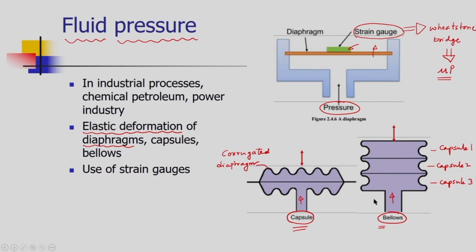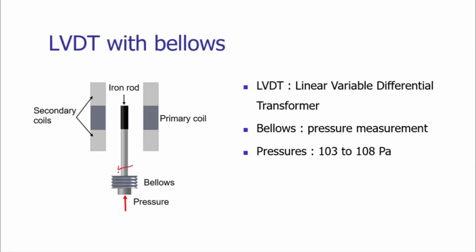As there is an increase in fluid pressure, the top portion of the bellows will displace, it will move in the upward direction. More precise measurement of pressure can be done with bellows when we add the LVDT sensor.